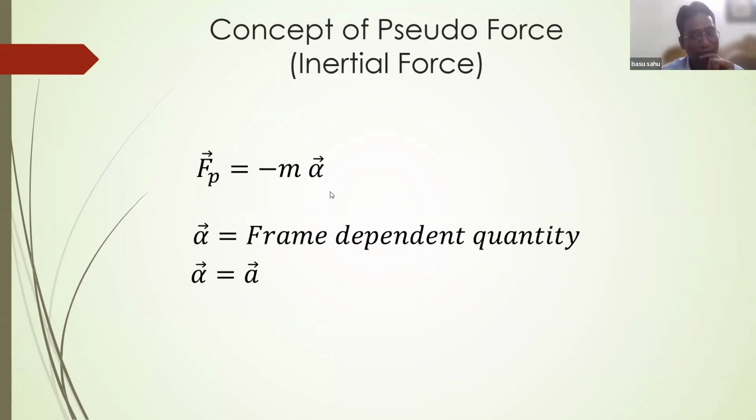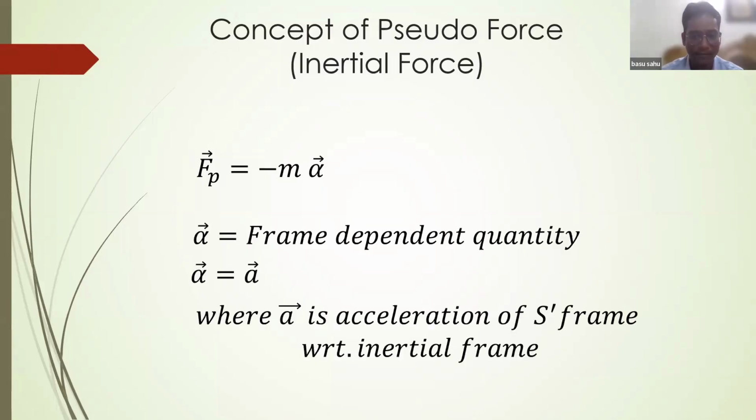Let's move to our next discussion, and it is very important because something special happened in physics from here. When I say alpha vector is equal to A vector, I am retaining the same meaning of A. A is the acceleration of the S dash frame with respect to the inertial frame.